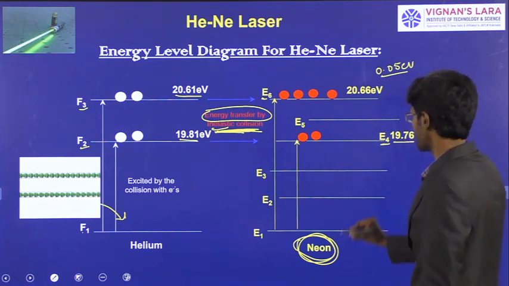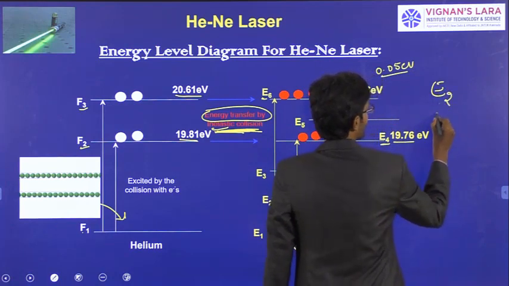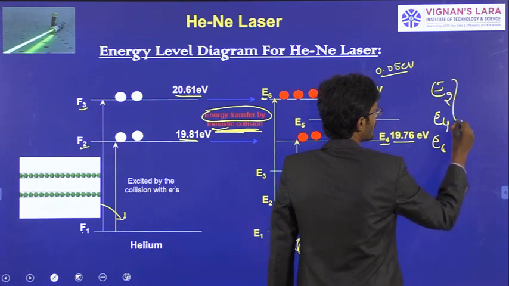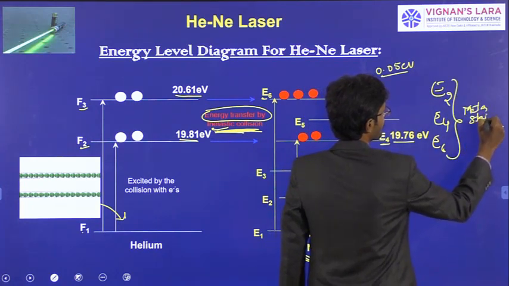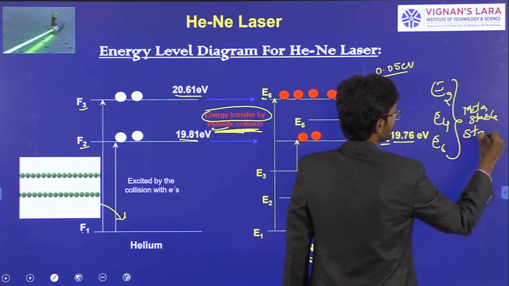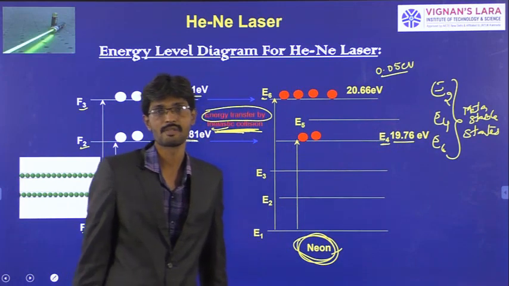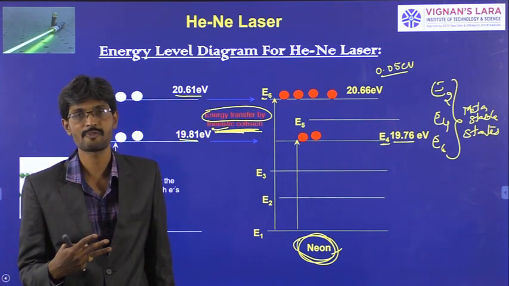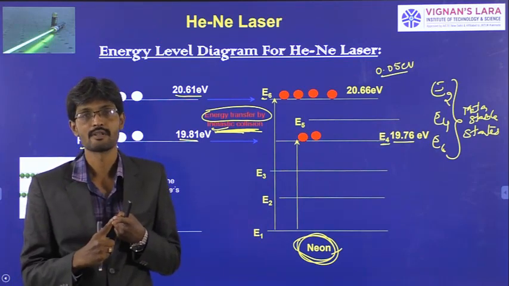And if you observe in neon, energy level E2, energy level E4, energy level E6, these three energy levels are metastable states. In the last session we discussed the requirements for the production of laser, the first one being the presence of a metastable state.